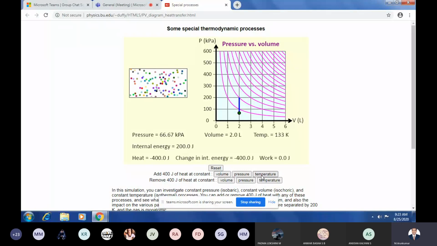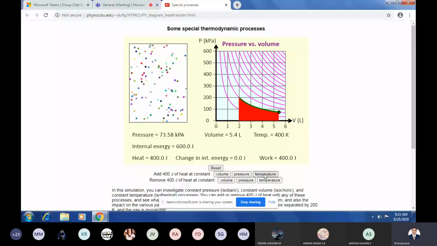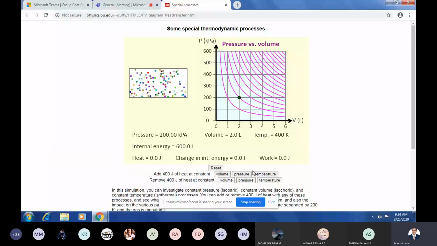See, from the starting we are seeing the isothermal process. In an isothermal process, if you add 400 joules of heat to the system, this will happen. Again, I am repeating.